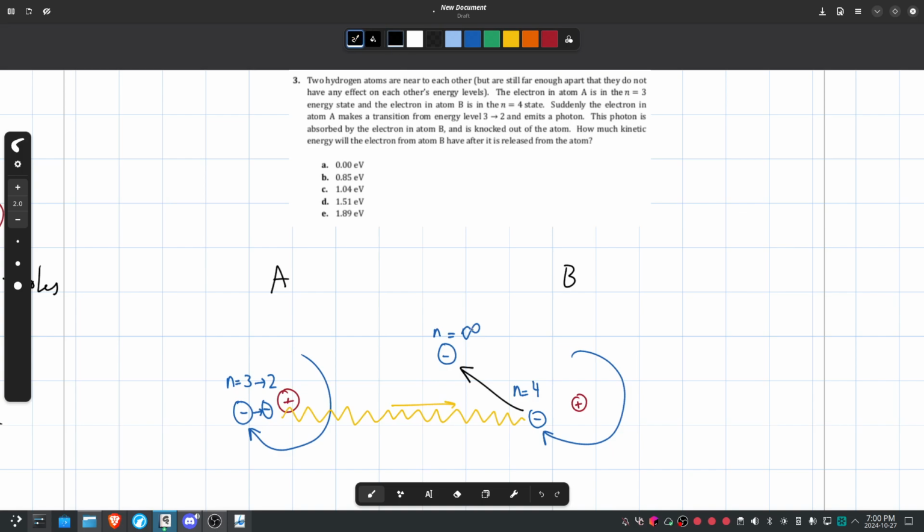So it's freed, right? This photon is absorbed by the electron in atom B, knocked out of the atom. How much kinetic energy will the electron from atom B have after it is released from the atom? So the energy of this electron is equal to what?